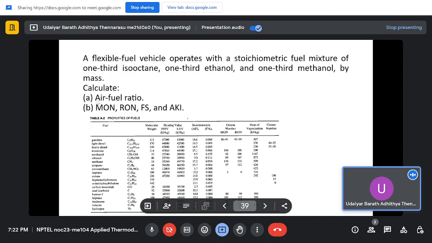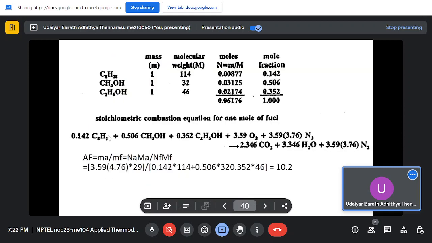Now we need to find the air fuel ratio, so we'll write the combustion equation. We know the mole fraction of each component. If we take 1 mole of the total mixture, that 1 mole will contain 14.2% isooctane, 50.6% methanol and 35.2% ethanol.